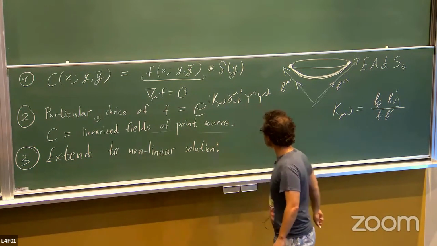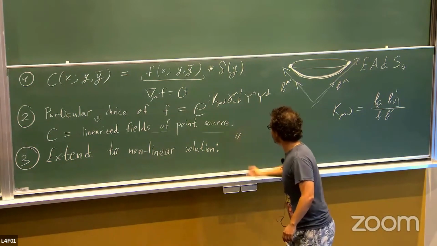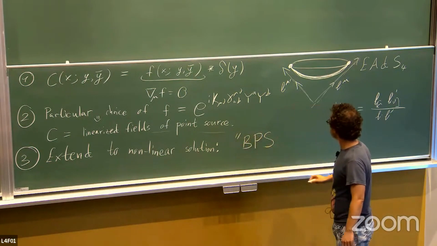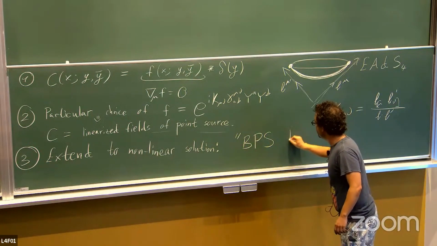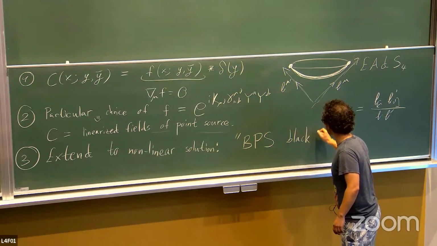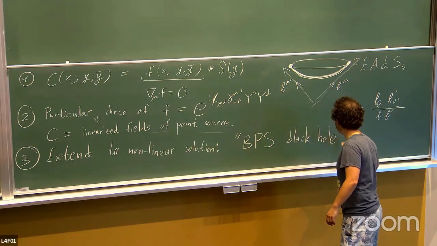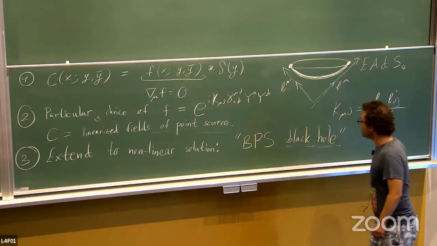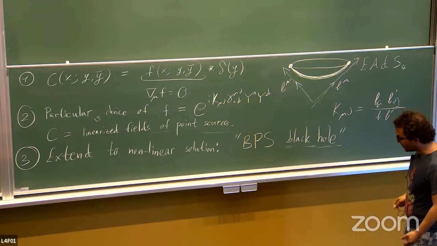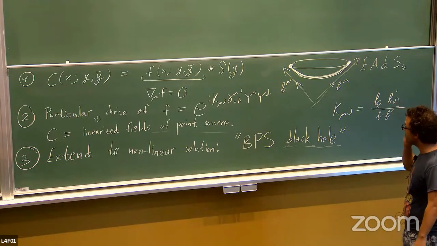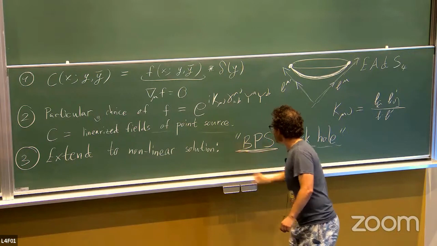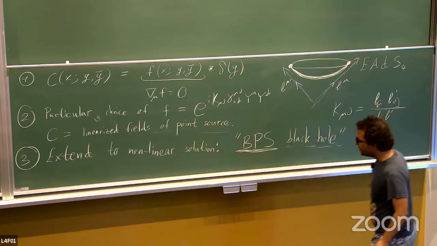And this solution is termed a higher spin BPS black hole, where the words black hole are a bit metaphorical. We know nothing about an event horizon or such, but the word BPS is quite literal.